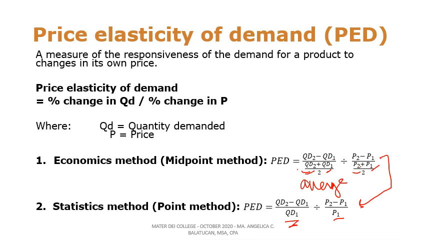Ang sa midpoint, nakuha siya sa midpoint or sa average. Sa point method, gigamit lang niya tong base na demand or ang demand 1 and gigamit po niya ang base nga price or ang price 1. For the illustration that I'm going to present in the next slides, I am using here the point method. So simply the denominator is our base in quantity demanded and the base in price.